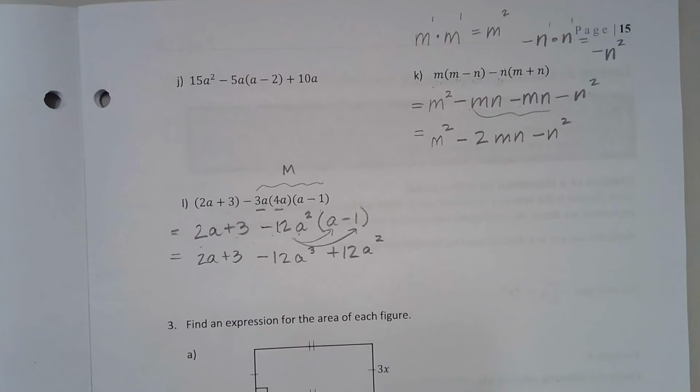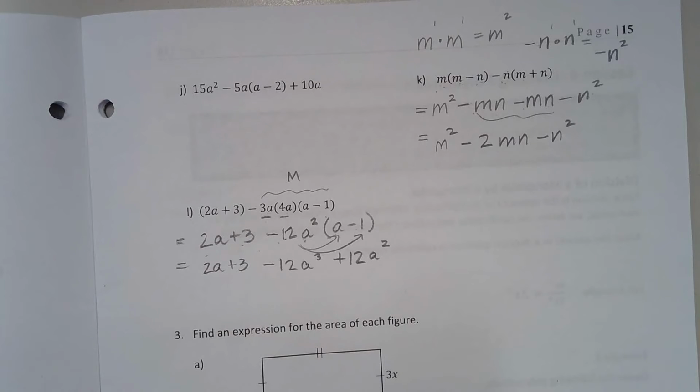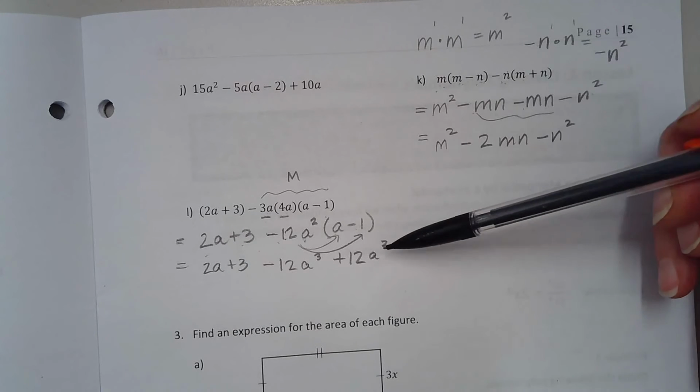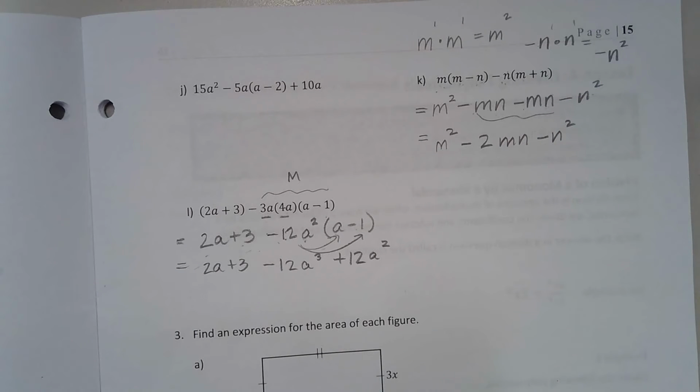Okay, so let's step back. Now we collect like terms. Are there any terms that are like terms in this statement? 12 and 12? Nope. If you look back at lesson 1, we defined like terms as having the exact same variables and exact same exponents.